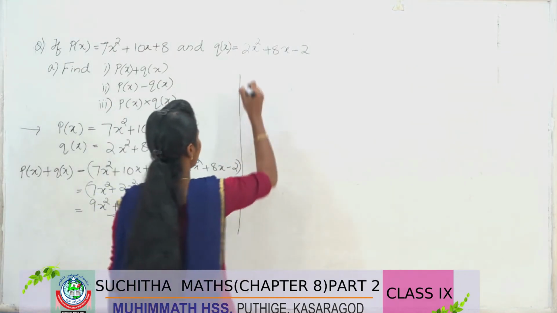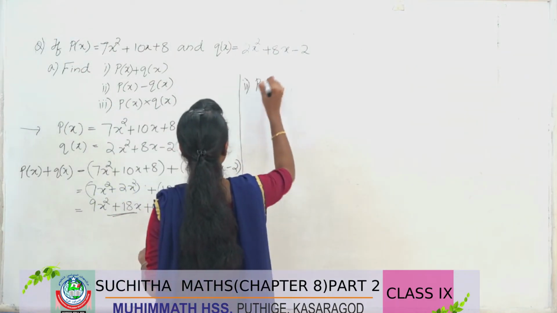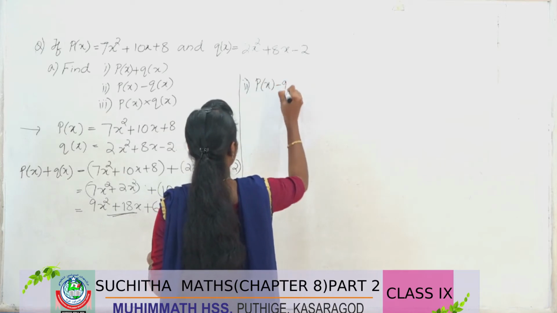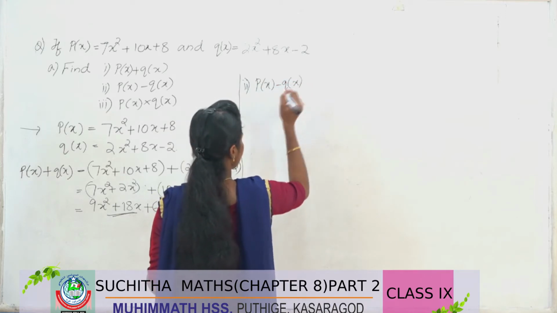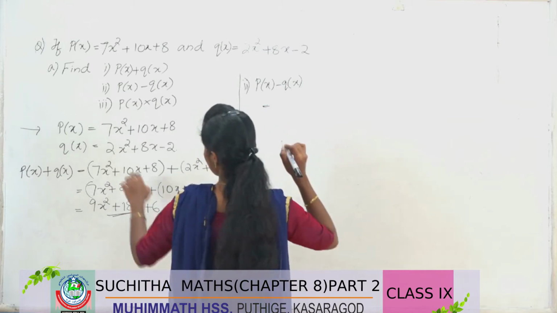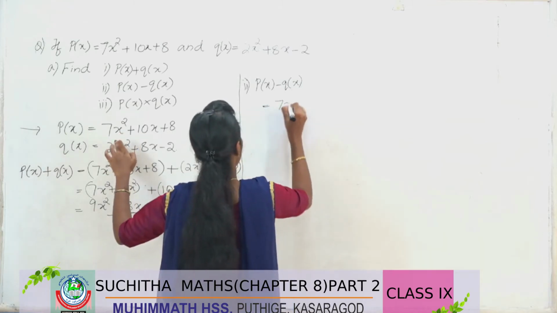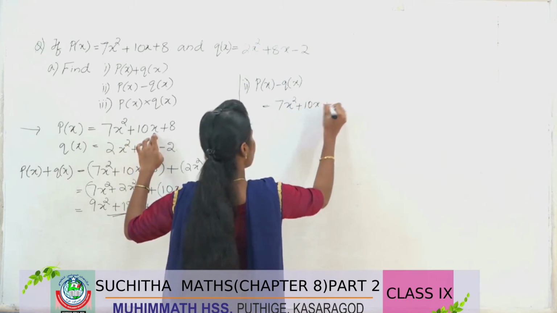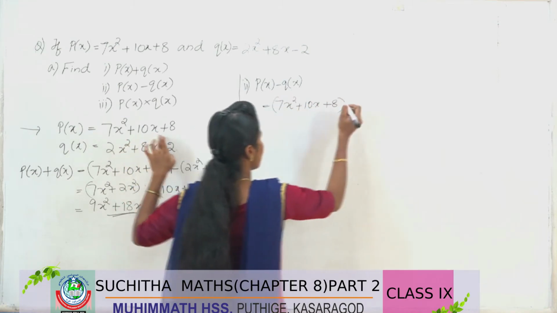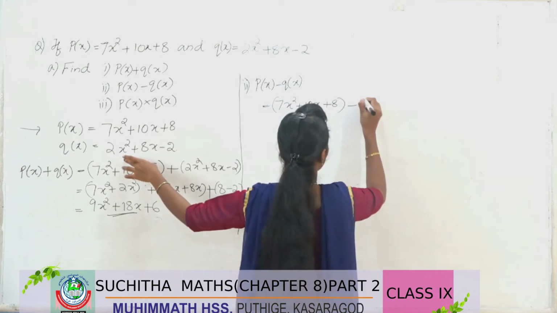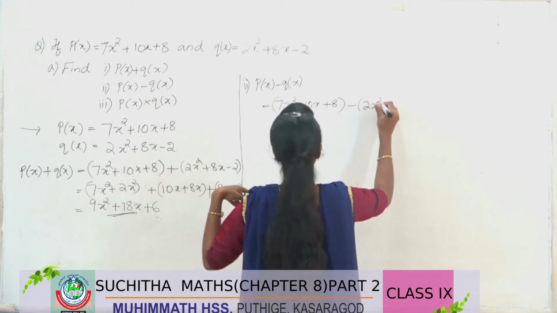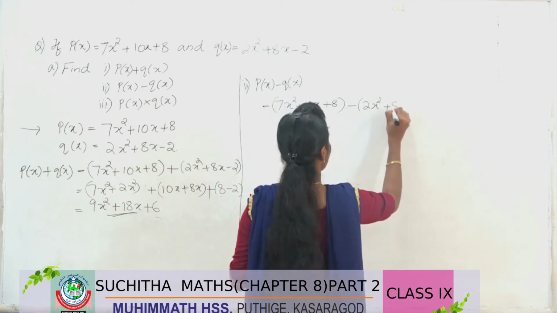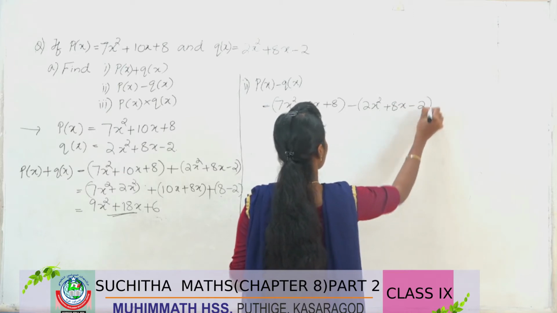Then second one, P of x minus Q of x. P of x minus Q of x is 7x square plus 10x plus 8 minus 2x square plus 8x minus 2.